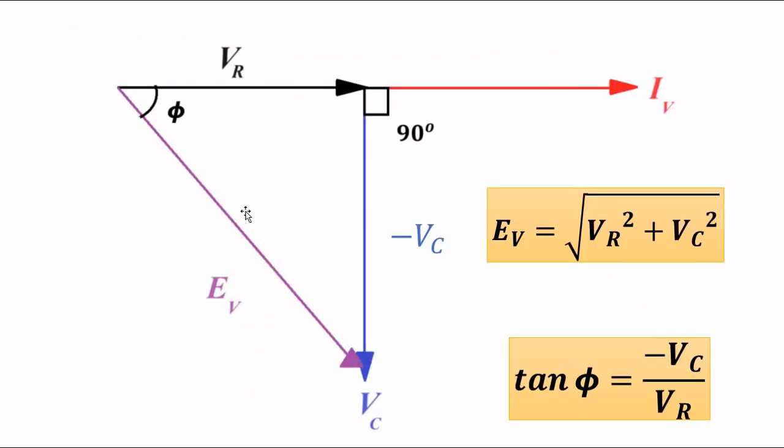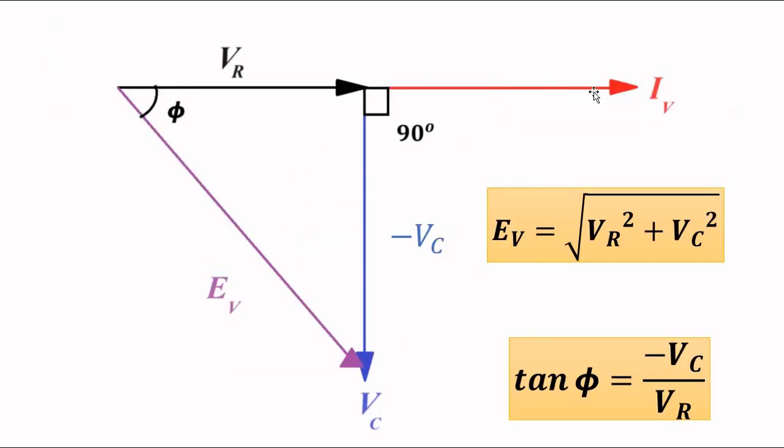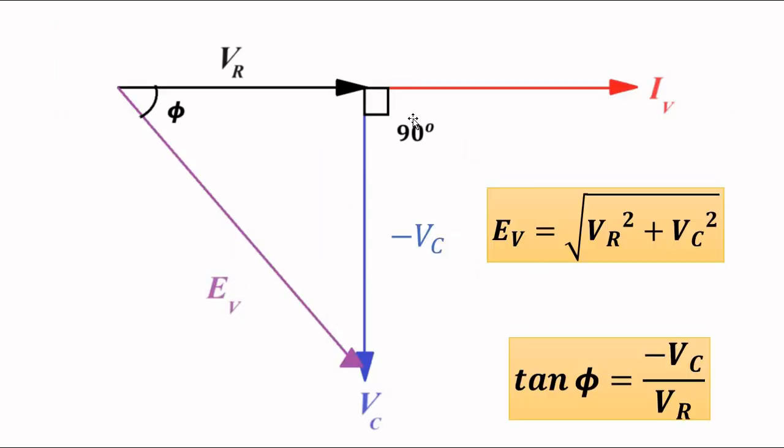Okay, where current is the reference phasor, the voltage drop across the resistor is in phase with the current, and the voltage drop across the capacitor is lagging behind the current by minus pi by 2 radian or minus 90 degrees.